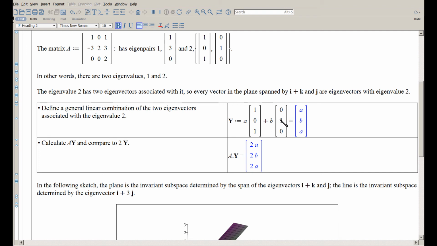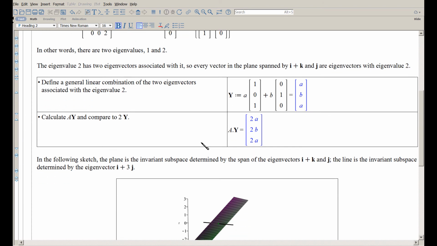So let's take a linear combination of these 2 eigenvectors. Okay, that's the vector A, B, A. Now, what happens if I multiply that vector, that linear combination vector, by A? I get 2 times A, B, A. In other words, any vector in the span of these 2 fellows here, 1, 0, 1 and 0, 1, 0, any vector in that span behaves like an eigenvector with eigenvalue 2.